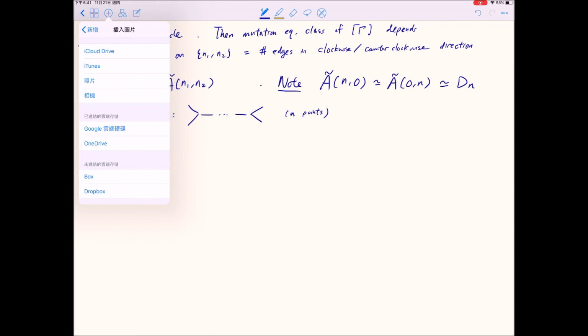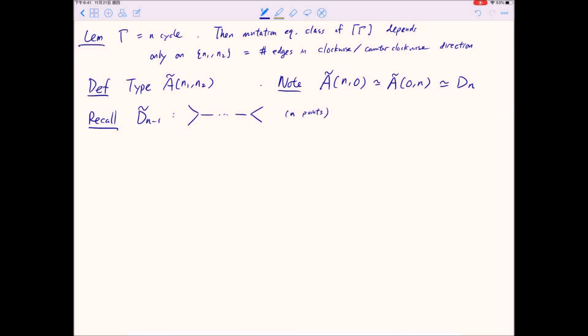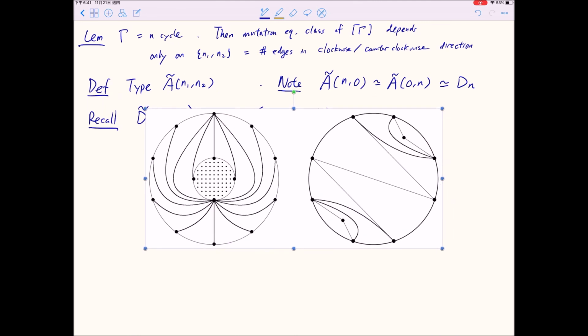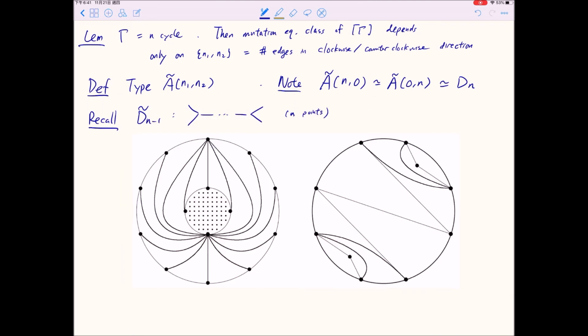Now we can realize these two types with the following surfaces. For type A tilde, this can be realized as an annulus with no punctures and n1 and n2 marked points on the boundary.